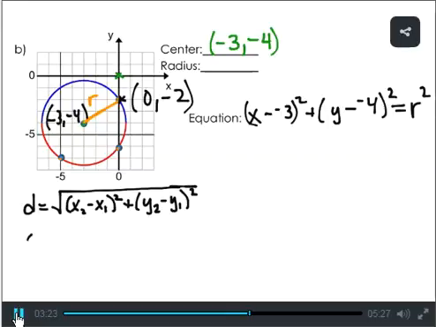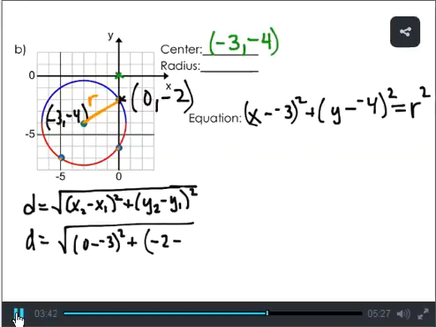The distance is going to end up being the radius. Notice there's no plus or minus because distance can never be negative. We're going to just subtract the two x values. So I've got 0 minus -3 squared plus -2 minus -4 squared. And I just got those from my x, y values.